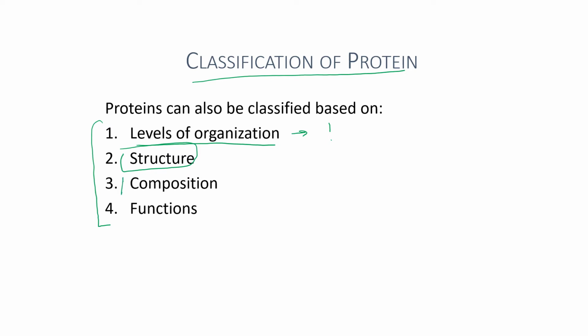Then the composition of the protein, whether you have other elements added to the protein, such as metal ions, for example. And then based on the function of the protein. Protein can function as enzyme, as hormones, as structural proteins, as transport protein. It has many different functions.